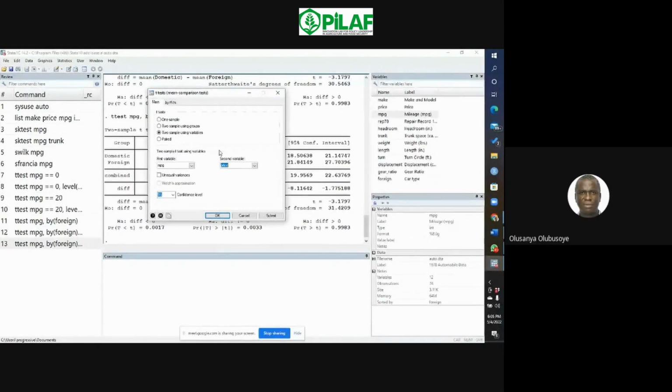The 2 tests are conducted on the same set of people. So it is this that we call paired. So there is a relationship. The first observation and the second are both from the same set of individuals. So they are called paired.